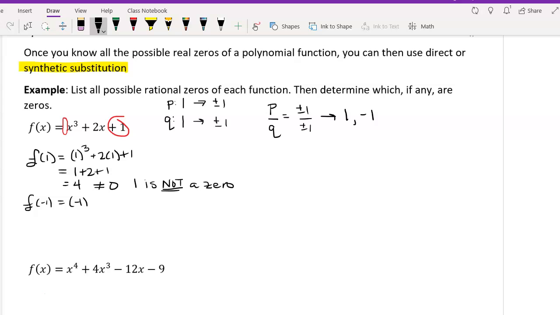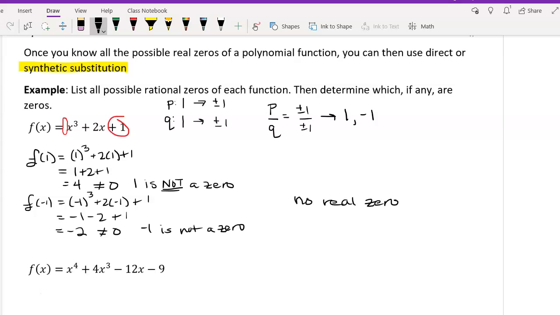So we get negative 1 cubed plus 2 times negative 1 plus 1. So we get negative 1 minus 2 plus 1. We get negative 2. Once again, not equal to 0. So negative 1 is not a 0. So in both these cases, we did not have any real zeros. So there are no real zeros for this example.